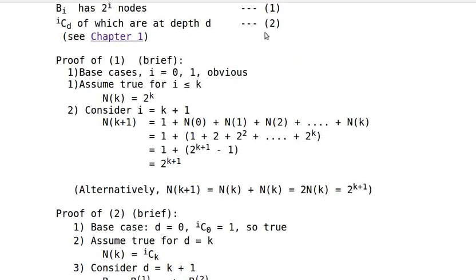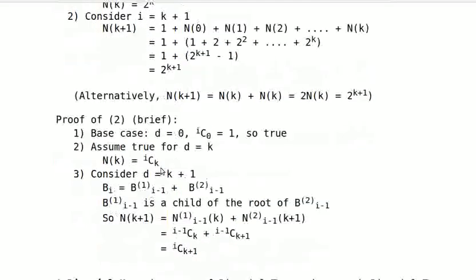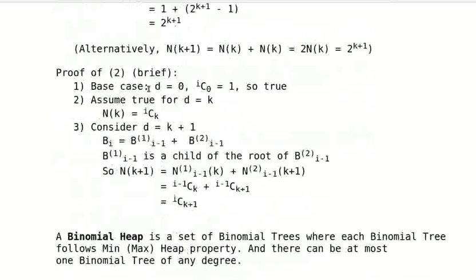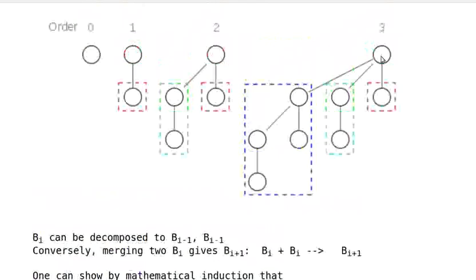The proof of property 2 is also straightforward. Again, we do a brief proof for this using mathematical induction. For the base case, d equals 0, 0 choose 0 equals 1, so this is true. For this level, d equals 0, so we are only at 1.